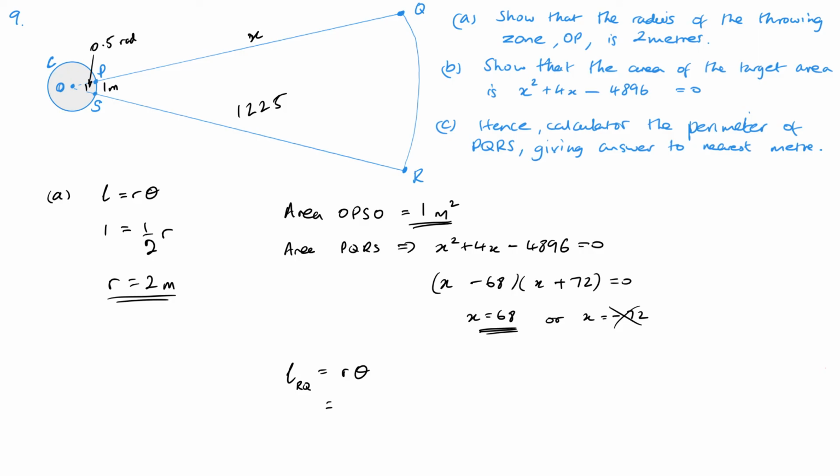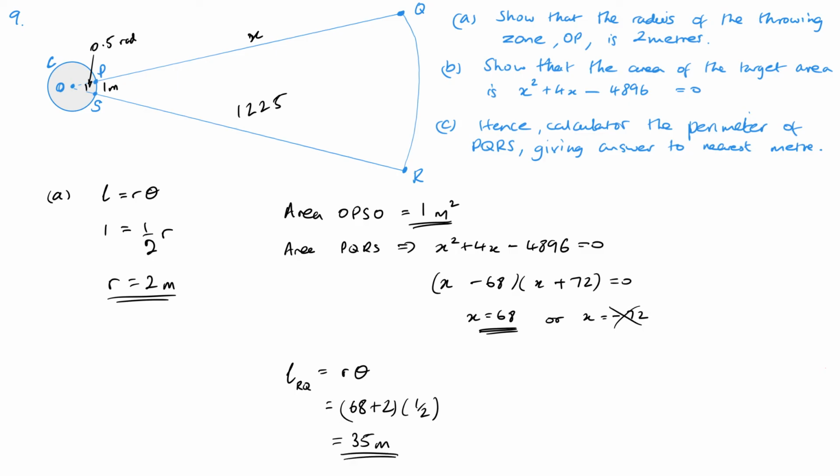Now r is going to be 68 plus 2, and theta is a half. So 68 plus 2, because 68 is the x and the 2 for OP. So that's basically half of 70, so that is 35 meters.